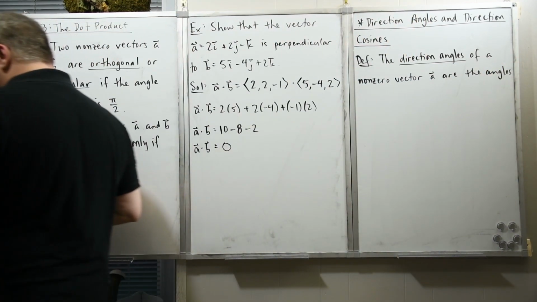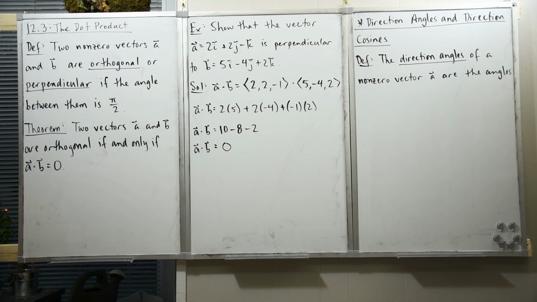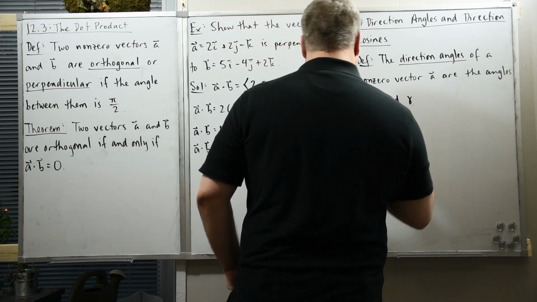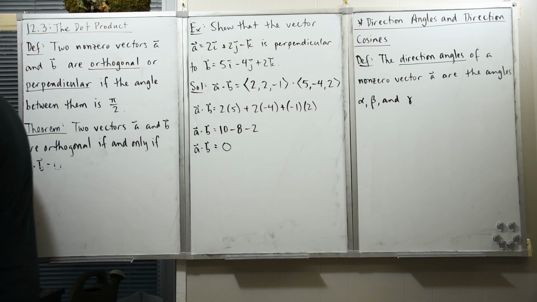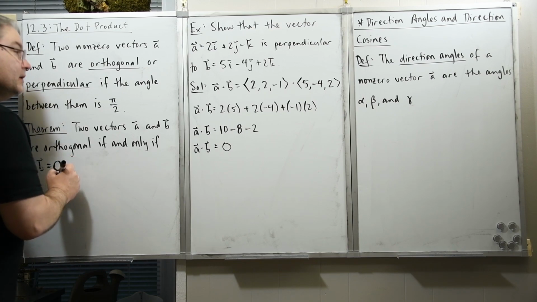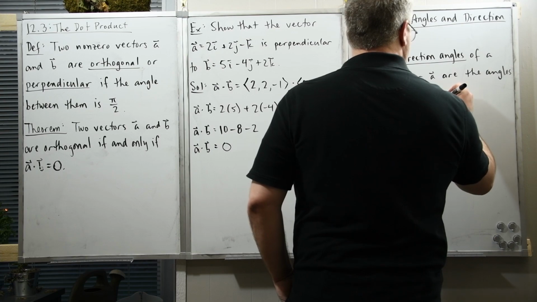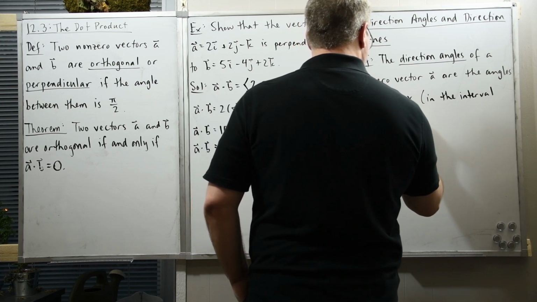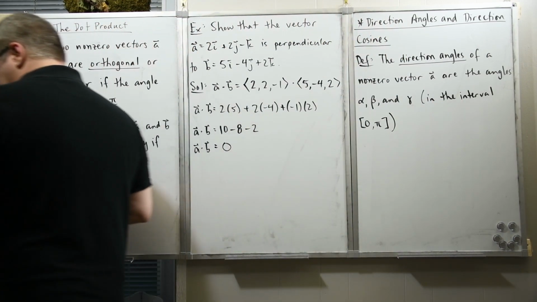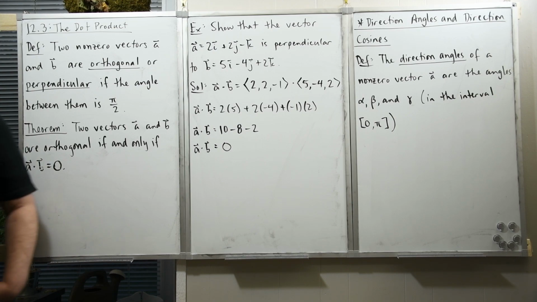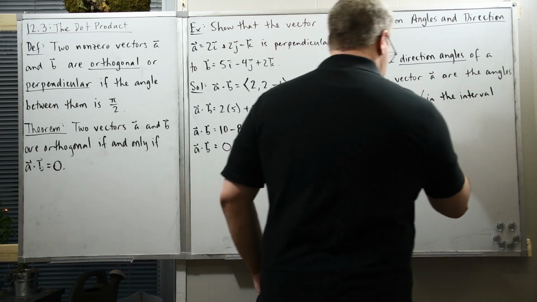So the direction angles of a non-zero vector A are the angles, which we're going to call alpha, beta, and gamma, and these are going to be in the closed interval from 0 to pi. So, once again, direction angles of a non-zero vector A are the angles alpha, beta, and gamma that A makes with the positive x, y, and z axes respectively.